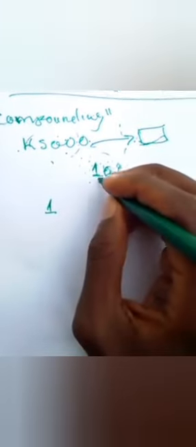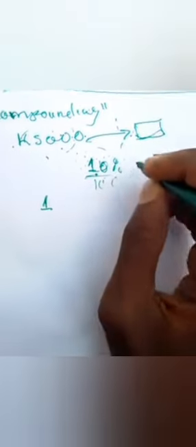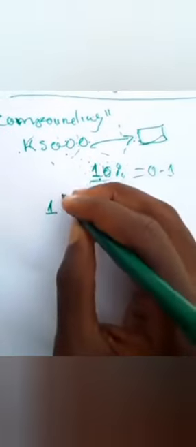What is 10% of 5,000? The way that you find that is by doing this: 10% divided by 100 will give you 0.1, and then you multiply 5,000 times 0.1. That will give you how much? 500.